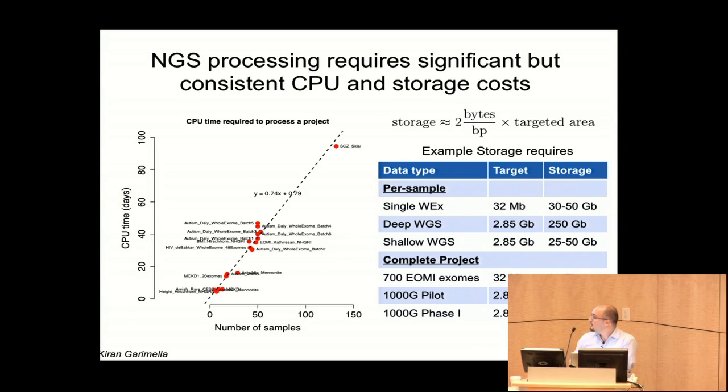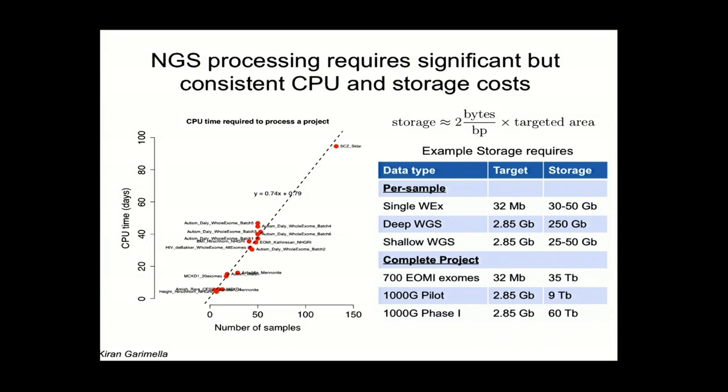So this stuff is all great, and I think it's critical that we do this. And I just want to give you an idea of what the computational costs are for doing this. I mean, I can stand up in here and say we can do this, but if it took a year to do, this would be very painful. It turns out it takes a long time, but not a year. There's a very clean relationship between the number of samples that you're processing and the amount of CPU time required to process it. So it's a useful equation in case you ever want to do an estimate.